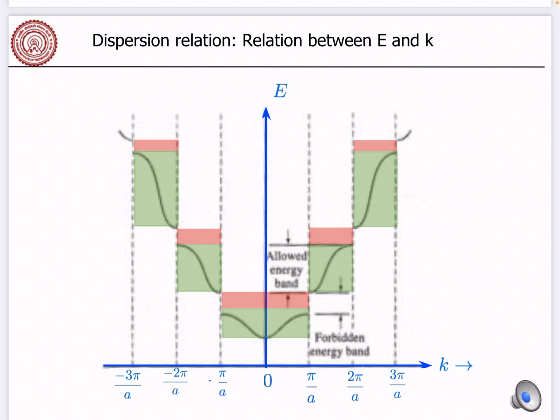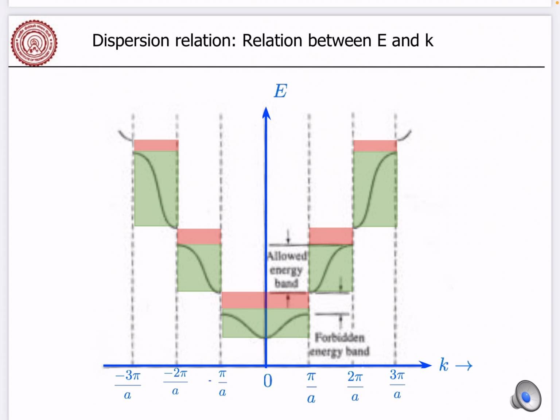Now, we can talk about the first band, second band, etc. Within the region between minus pi by a to pi by a, this allowed zone is called the Brillouin zone, and this is the first discontinuity. Therefore, this is also called the first Brillouin zone. Similarly, the second Brillouin zone starts again from pi by a to 2 pi by a, and similarly on the other side.